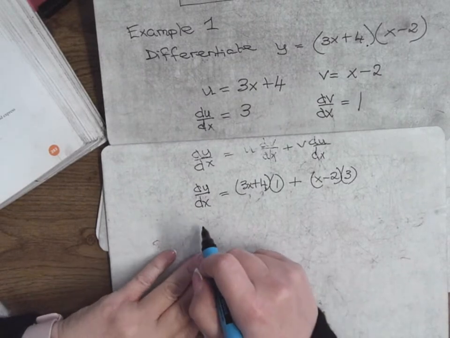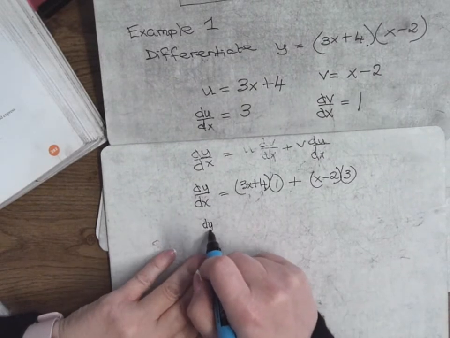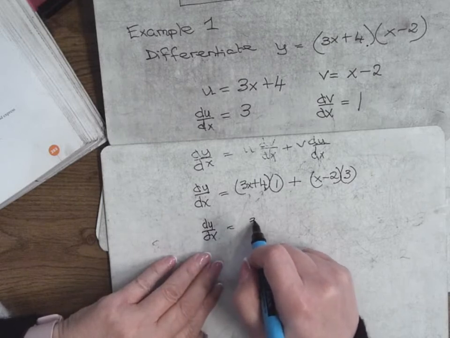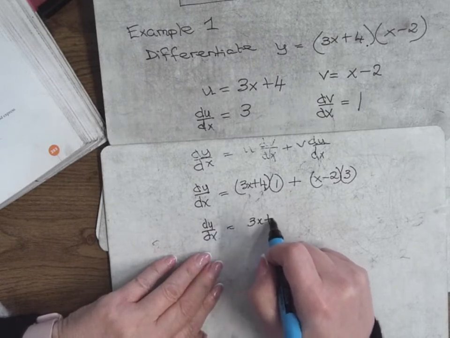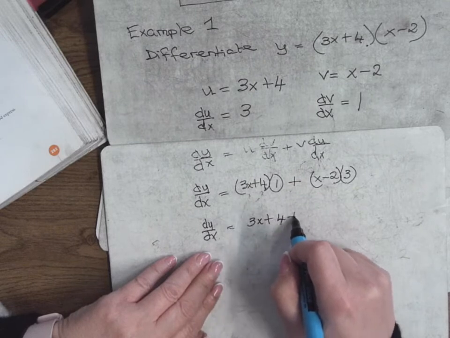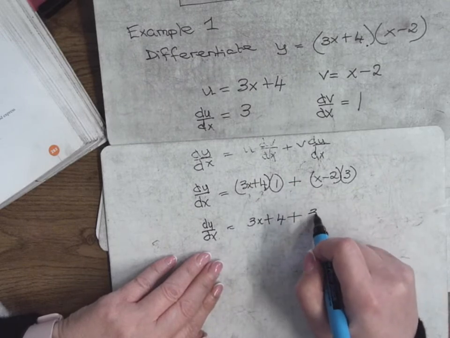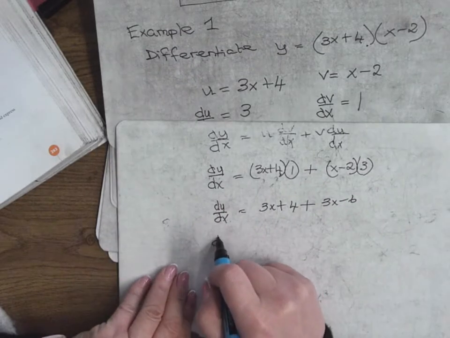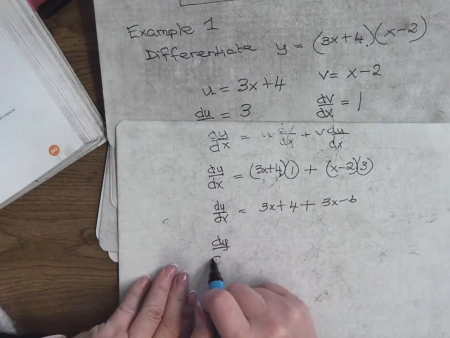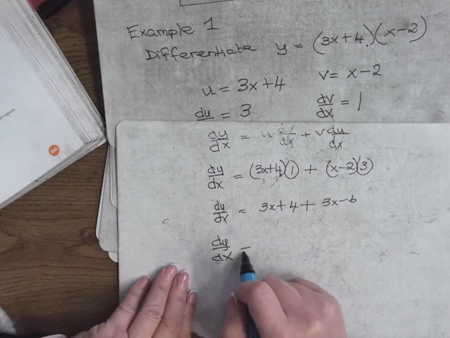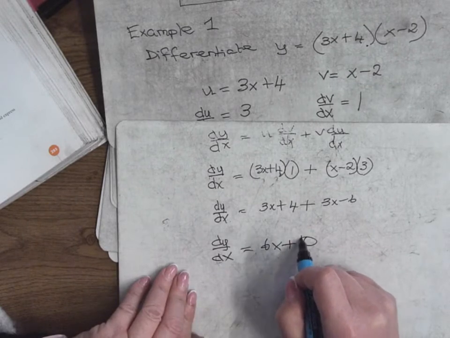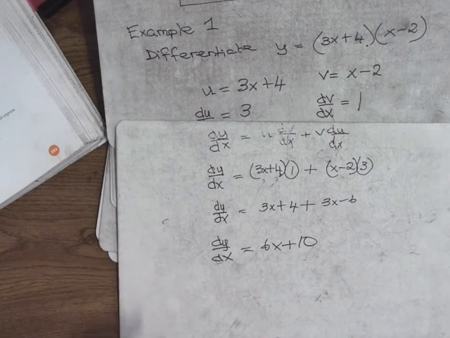I'll just multiply out because it's easy, but you don't actually have to. So you get 3x plus 4 if you multiply into that bracket by 1. Here, I'm multiplying into the bracket by 3, so I get 3x minus 6. So that means dy dx is equal to 6x plus 10. Is that okay? Job done.